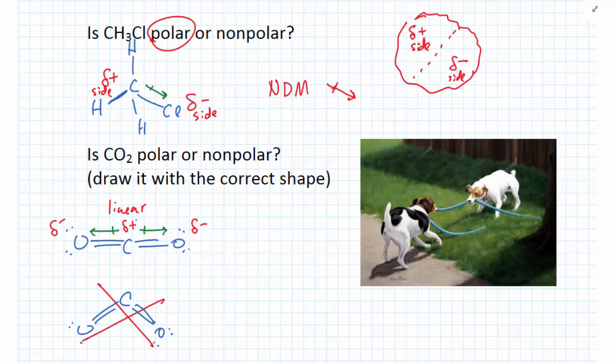Yeah, it would be equal. It would be a tie, okay? So there's no overall pulling to one direction or another overall, okay? So what we're actually going to say here is that these arrows cancel fully.